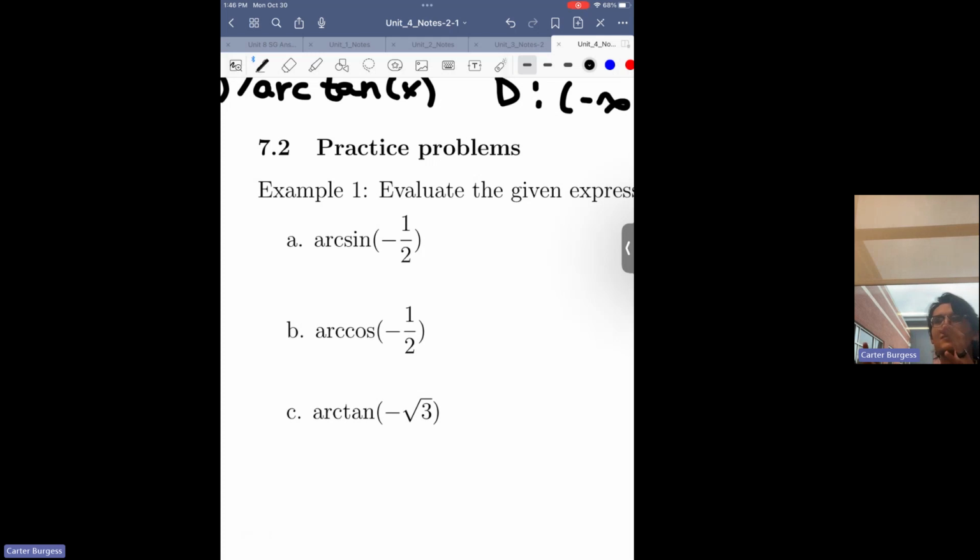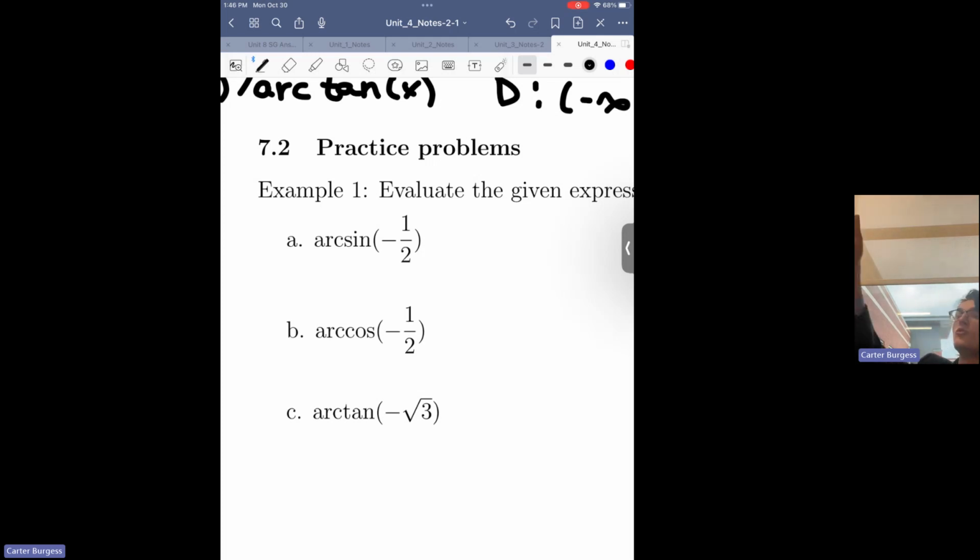So translate this statement to me. What does it mean for us to be looking at arc sine of negative 1/2? What piece of information have we been given here? What does negative 1/2 represent? So it's the input of our arc sine function. But it's also the y value of our sine as well.